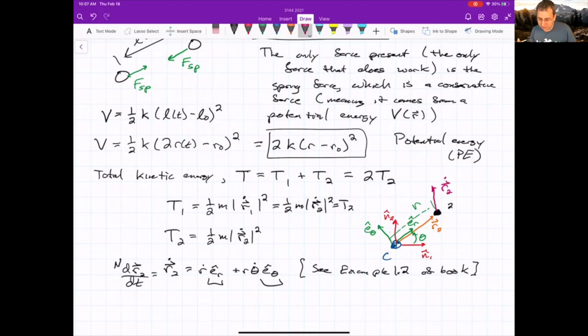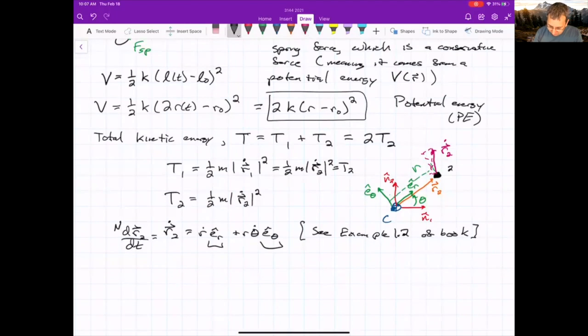So I could write that vector in terms of N1 and N2 components, or I could write it in terms of E theta and E R components. It's perfectly legit. Writing it this way, if I take the magnitude, so we get 1/2 m, take the magnitude of that, it's R dot squared plus R squared theta dot squared.